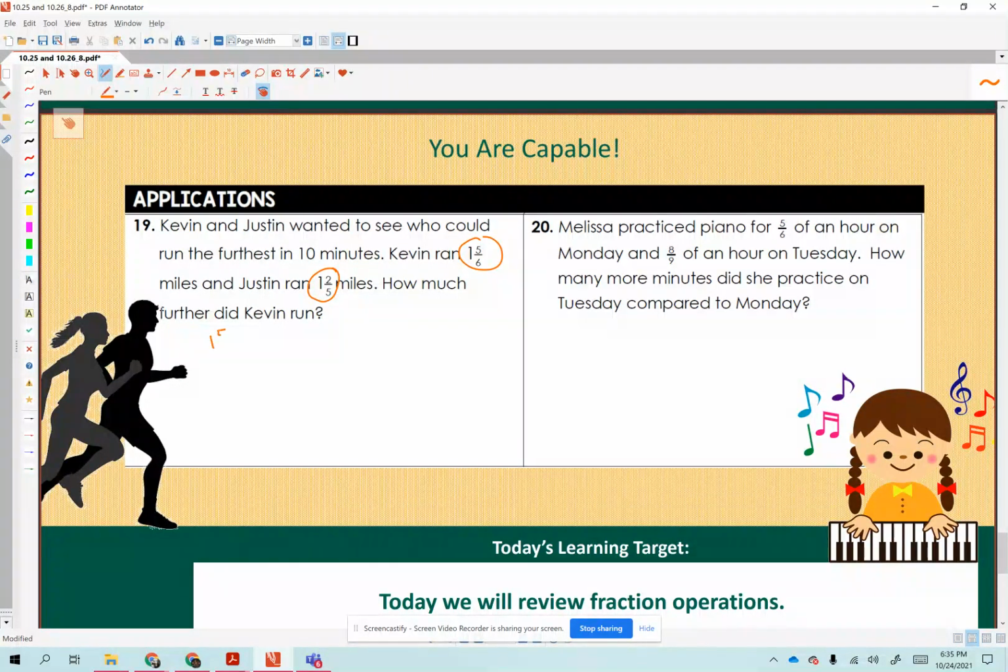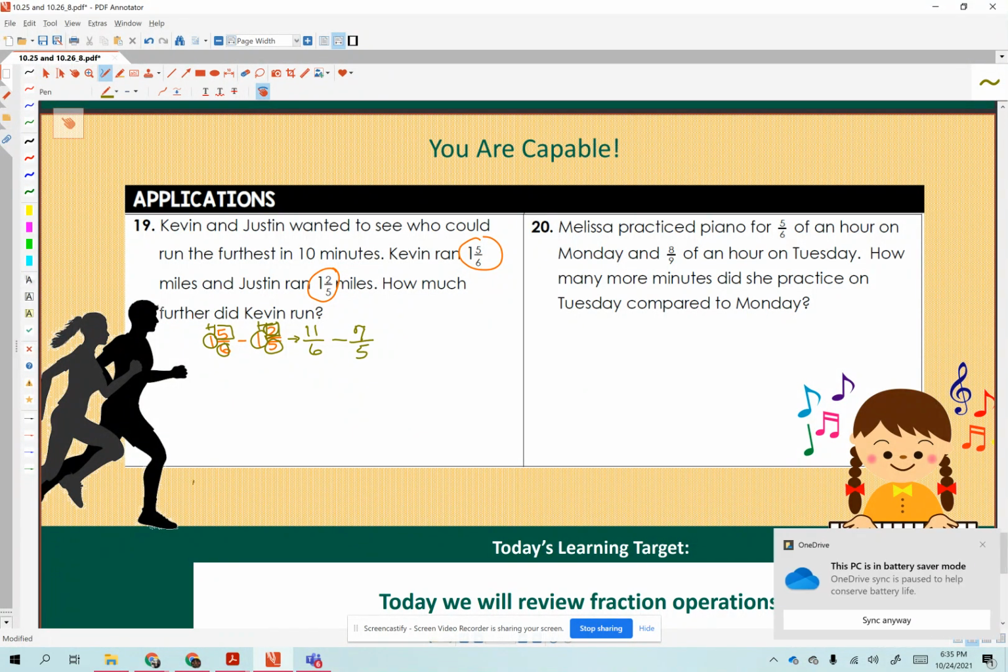So it would be 1 5/6 minus 1 2/5. Our first job is to convert to improper fractions. 6 times 1 is 6, plus the numerator of 5 is 11/6, minus 5 times 1 is 5, plus the numerator of 2 is 7/5.